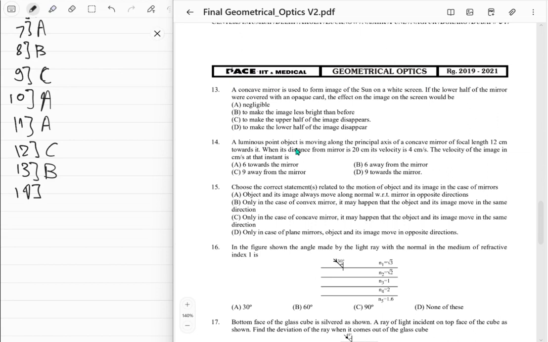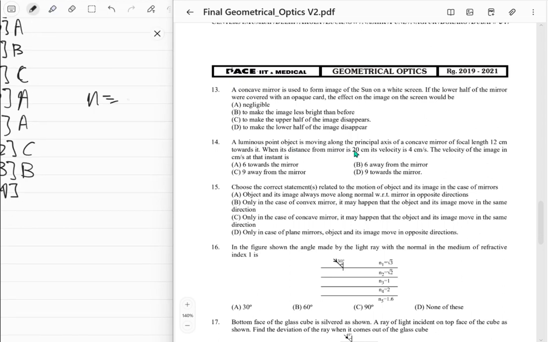Distance from the mirror is 20 centimeters, so u is negative 20. It's a concave mirror, so f is negative 12. Its velocity, our du upon dt, is just 4, positive 4.